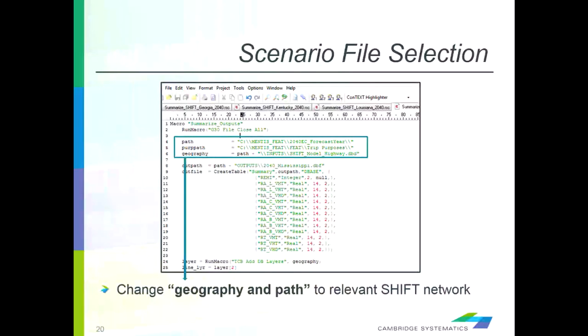And so what we do, the highlighted area shown in the box is just the path for the various model input files. And if you decide to run a different scenario and name your file differently, then you would necessarily have to change the file name to match what you use for that particular scenario.